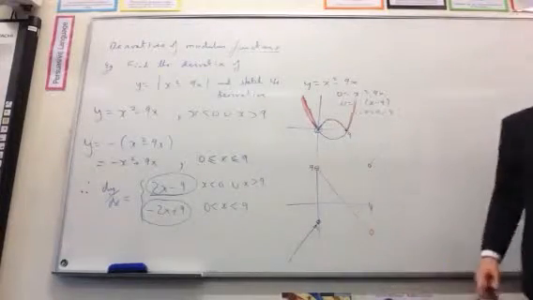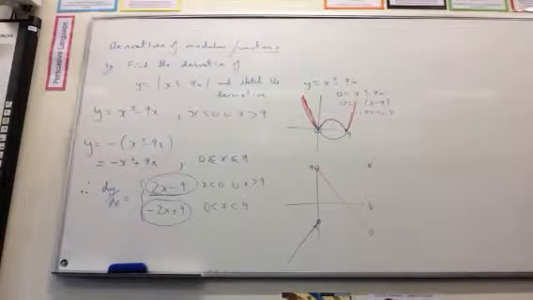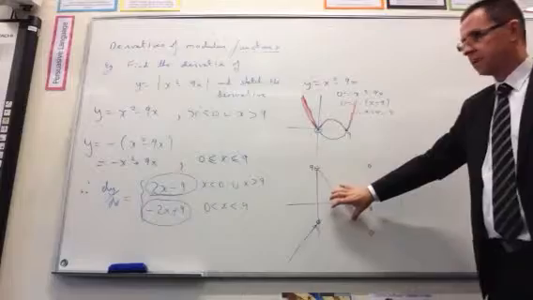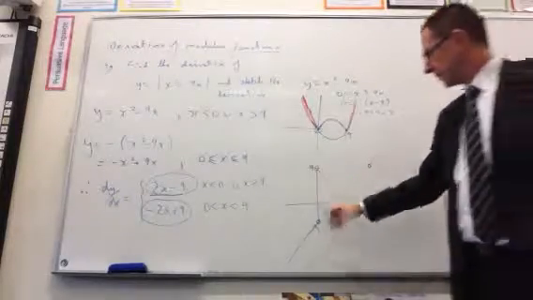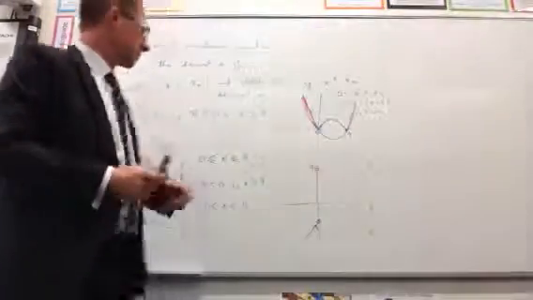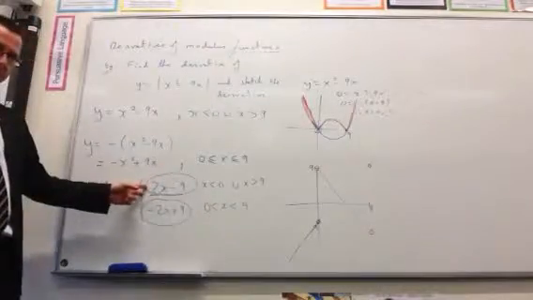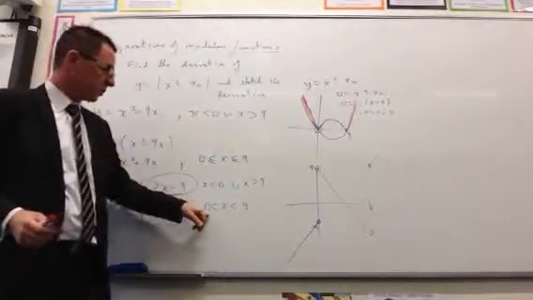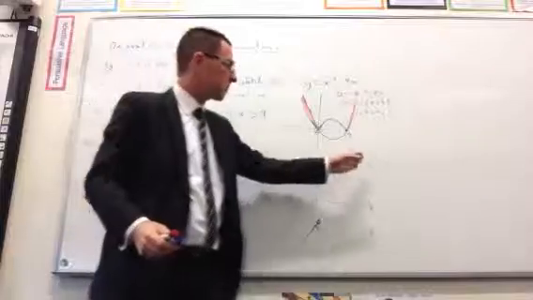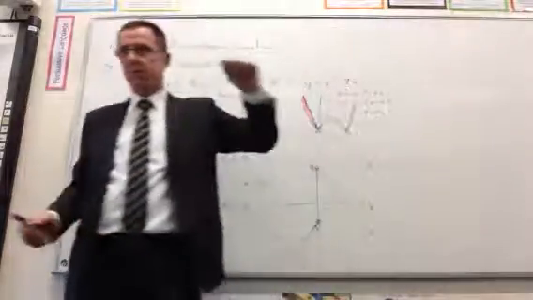Put open dots on there. So if I was drawing the derivative of this, that's the graph. It's 3 zones. Zone 1, less than 0. Zone 2, between 0 and 9. Zone 3, more than 9.